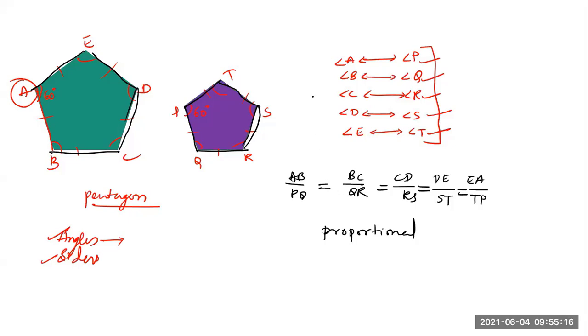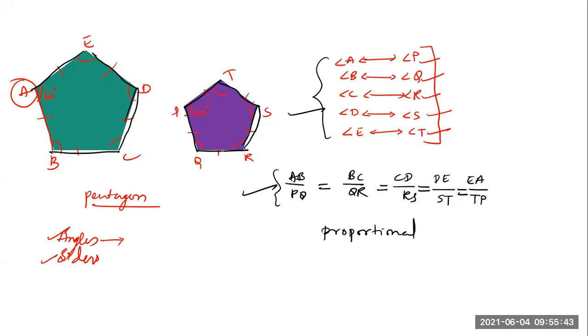If these two conditions are true, then the given polygons are similar. So that is the main rule in this chapter. The angles should be equal and the sides should be proportional, or the corresponding sides should be in equal ratio.